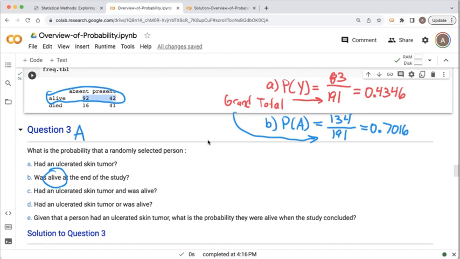In C, we're asked to calculate the probability that the person both had an ulcerated skin tumor and was alive. So that's like an intersection of two events.